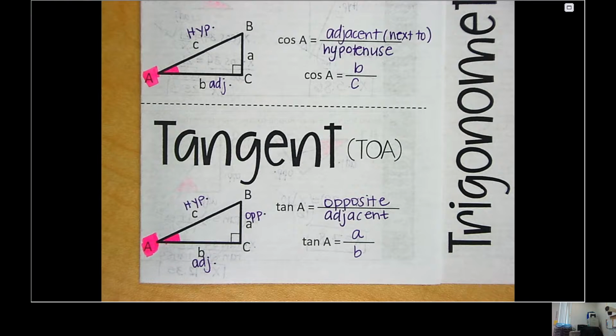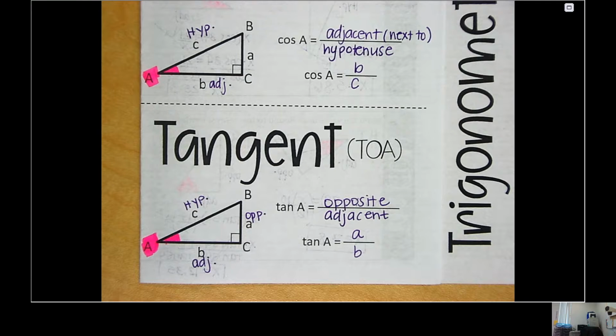And what this word Sohcahtoa does is it keeps the fraction for you so that you remember which piece of the triangle to divide. So the S is your sine. The O and H is opposite over hypotenuse. The C is your cosine. It's adjacent over hypotenuse. And then the T is your tangent.